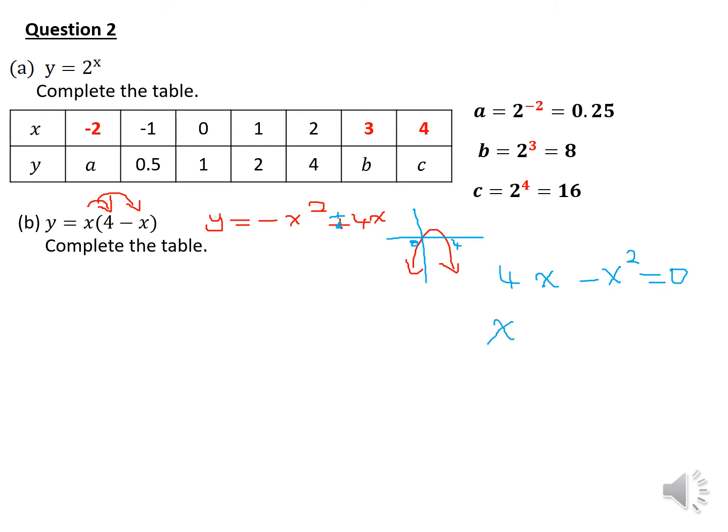If I take out a common factor, I get x times (4 minus x) equals 0. Then the answer x equals 0 is already there, but for the other factor, 4 minus x equals 0, then negative x equals negative 4, then obviously x equals 4. So I know it will cut the x-axis at that point as well. That is if I use algebra to solve that question.